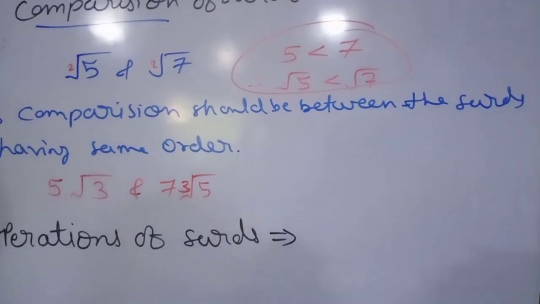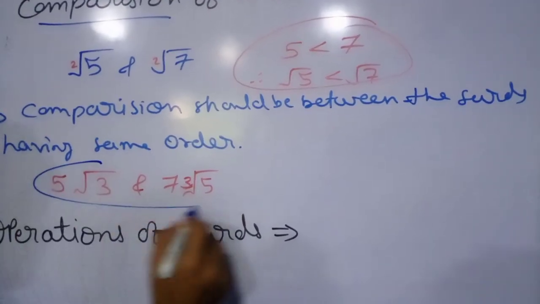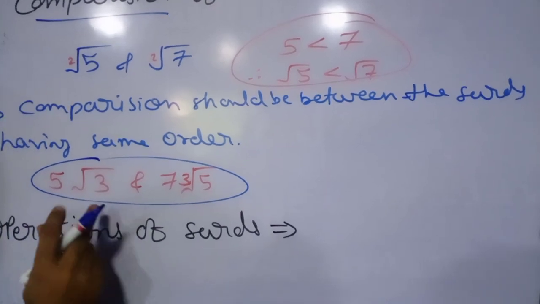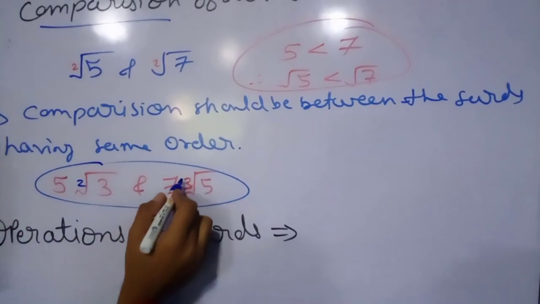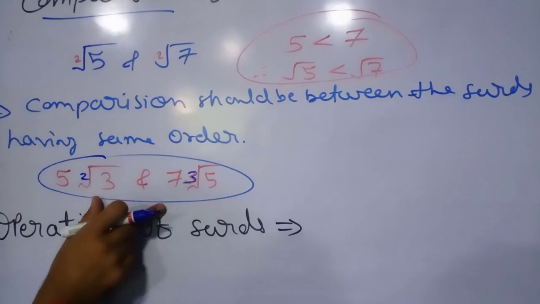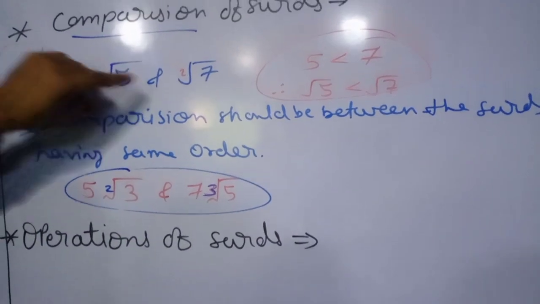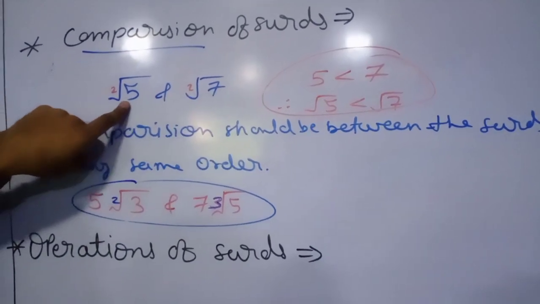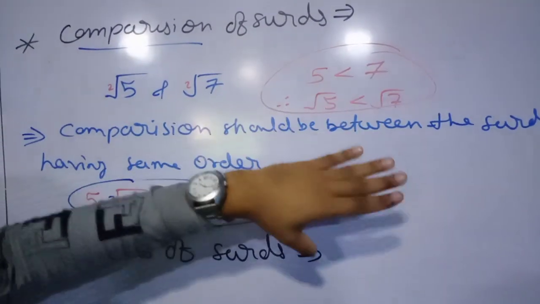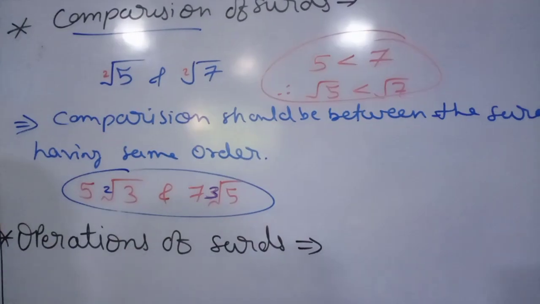Can we do the comparison between these two? No, because here the order is 2 and here the order is 3. So we are not going to compare these two. For the comparison we need surds with the same order.